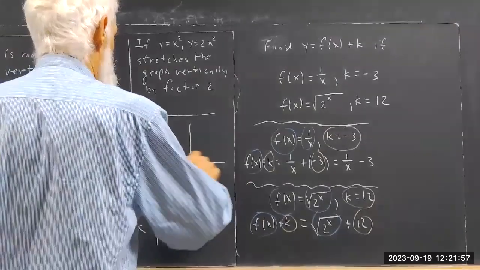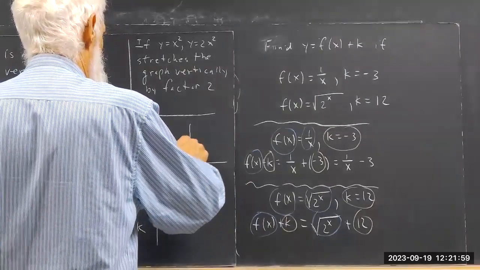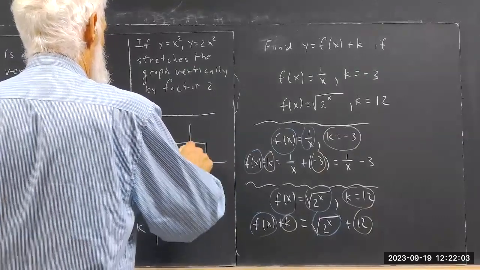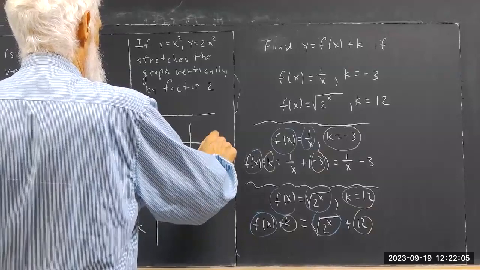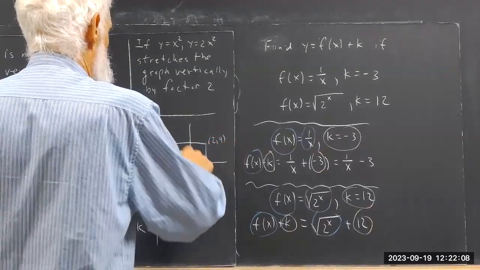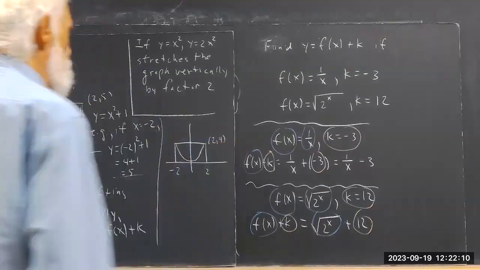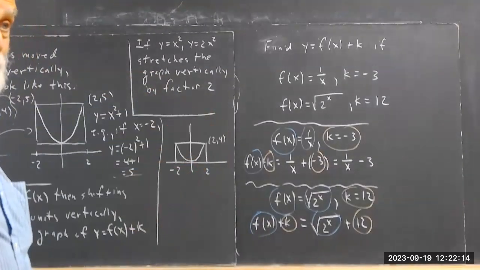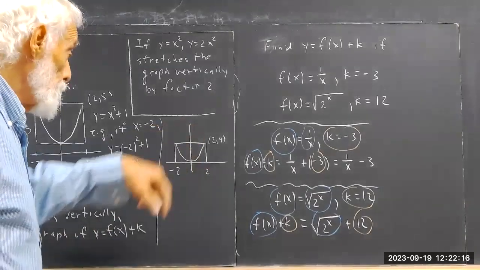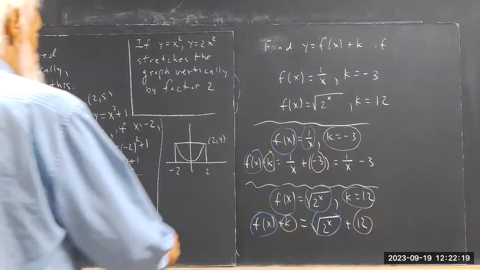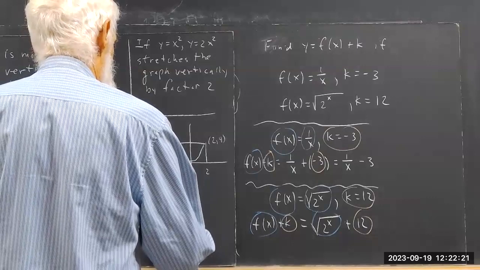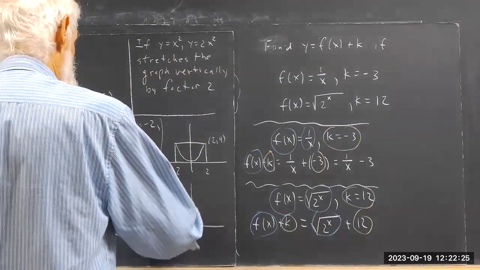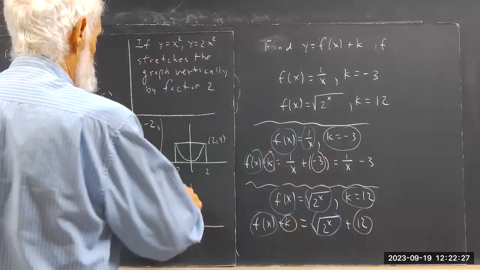Okay, so here we've got our square. It doesn't look much like a square, but the way I've got it labeled, it is. It's just distorted. We've got this square, and we double its height because of the 2 in front.